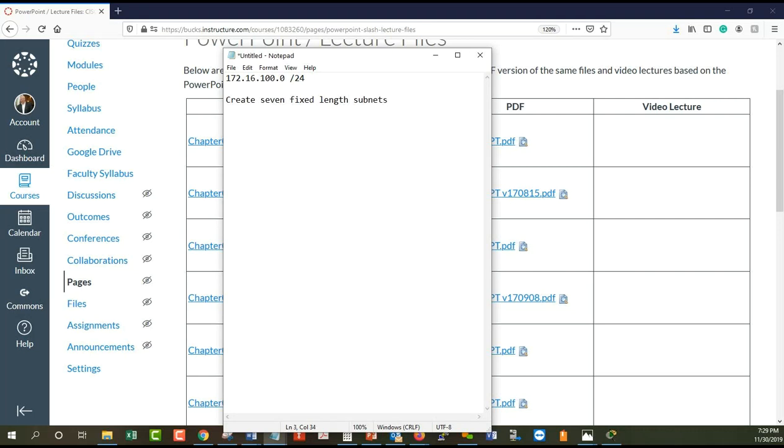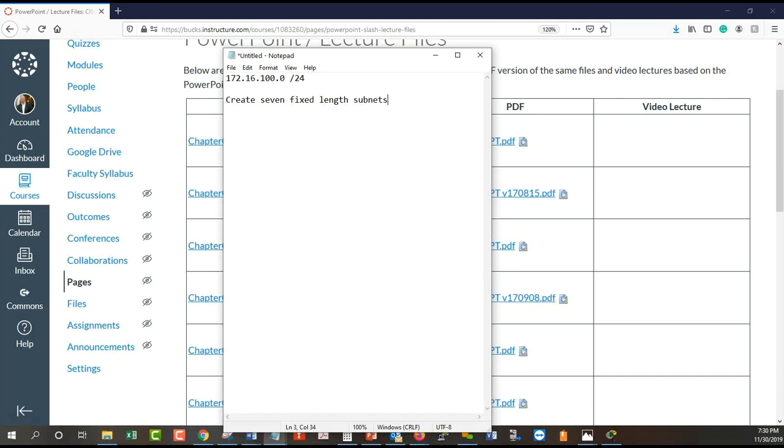Okay. So you're to take that address space, which is actually 172.16.100.1 through 254, and we're going to break this down into 7 fixed length subnets.